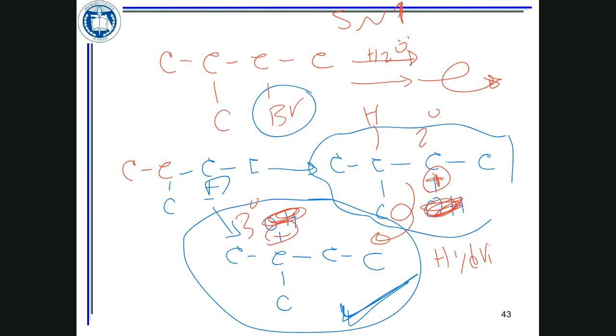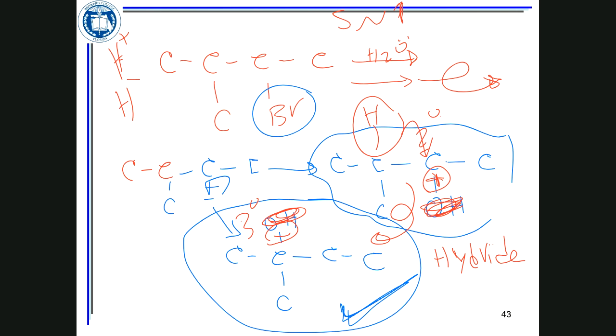What is the difference between a hydride and a hydrogen? H is a hydrogen, H plus is a hydrogen ion, H minus is hydride. So when you say hydride shift, that means a hydrogen with a pair of electrons moves to the carbon that is positively charged. The plus charge moves to the adjacent carbon, replacing that hydride. Is that clear?